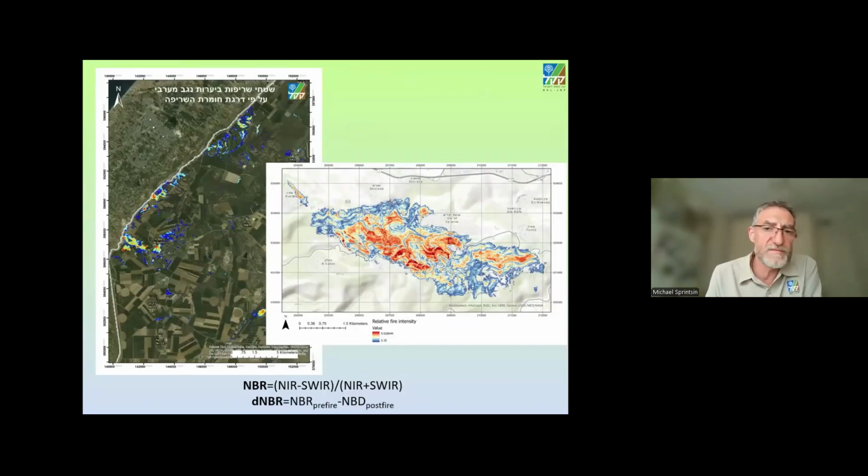Now the second last thing that I want to show you is what we do with fire monitoring and mapping. Recently, it became a very intensive and important part of our monitoring and reporting activities.